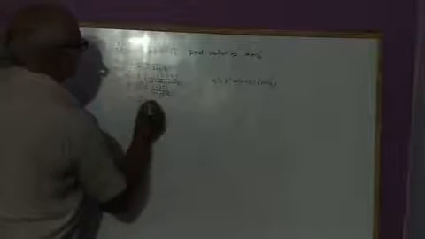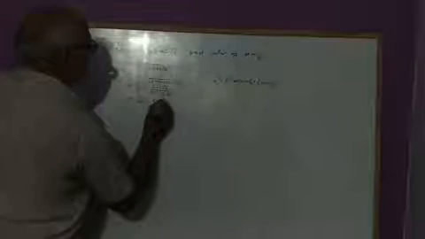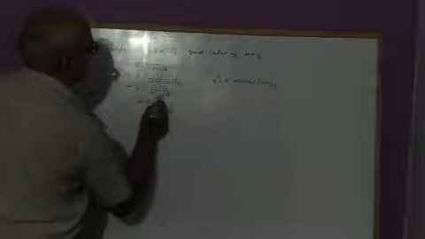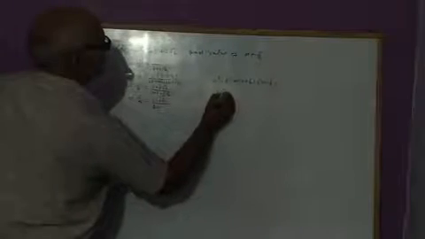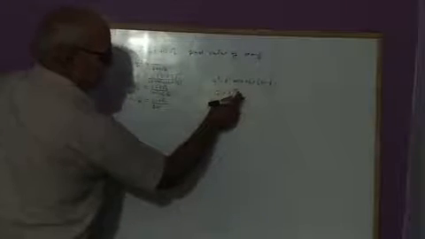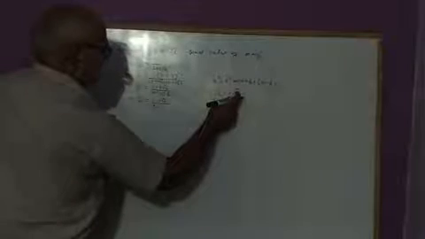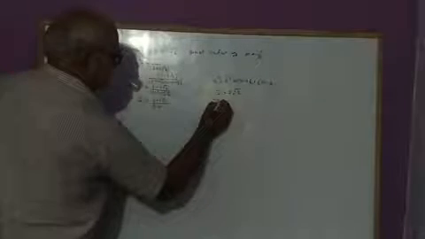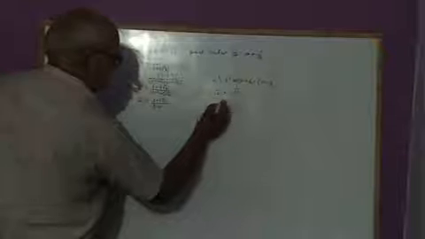Now 1 by x is equal to 3 minus 2 root 2 upon 3 threes are 9 minus 2 root 2 square. You multiply 2 root 2 and 2 root 2: 2 twos are 4, into root 2 into root 2, which is root 4, and the root of 4 is 2. So this is equal to 4 twos are 8.